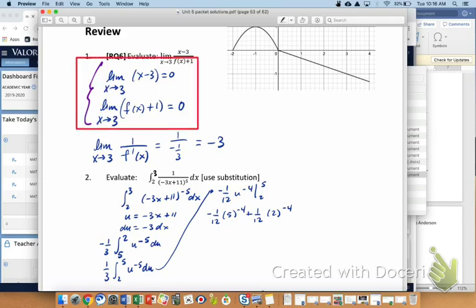In order to use L'Hopital's rule, you have to show that the condition has been met, that either it's zeros or instead of zeros, it would be infinities, right? Once I've shown that I can use L'Hopital's rule, I went ahead and used it, and I got -3 for an answer.